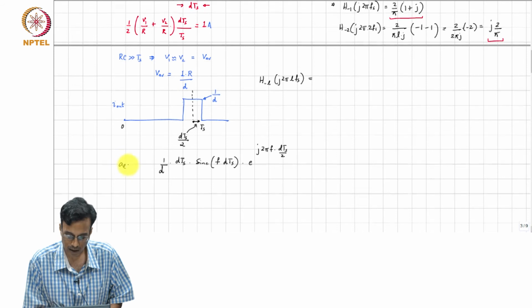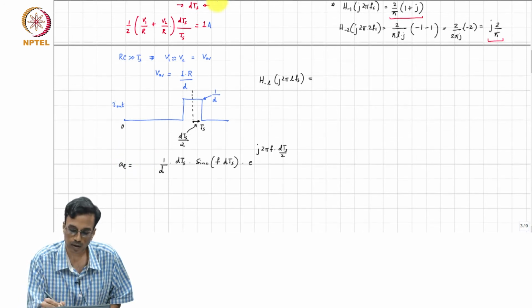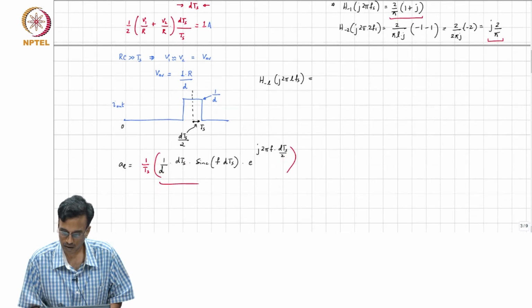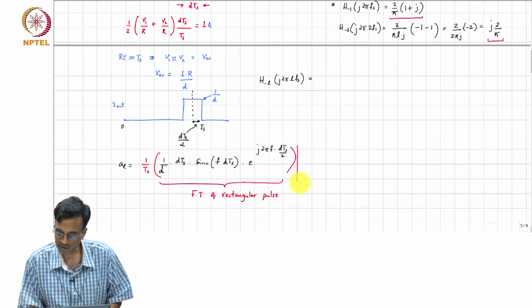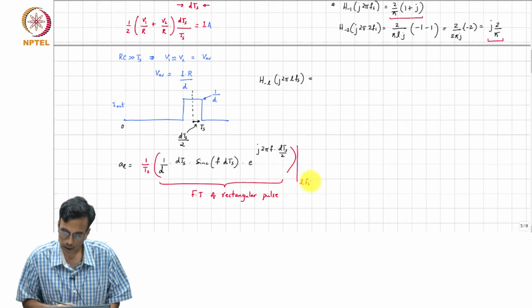So, the A sub L of this is nothing but 1 over Ts times the Fourier transform of the rectangular pulse, and this needs to be sampled at L times Fs, okay.